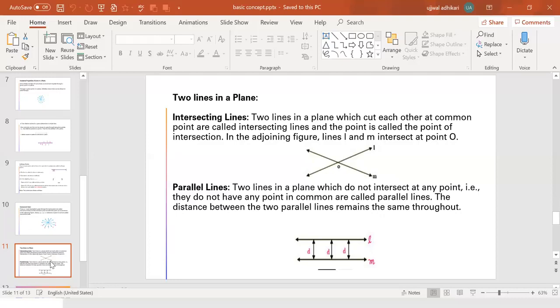In this given figure, O is the point of intersection, and these 2 lines are intersecting lines.